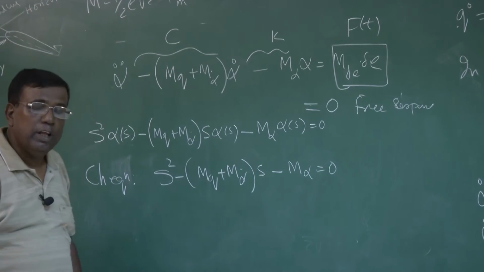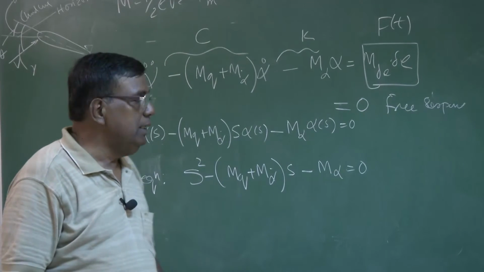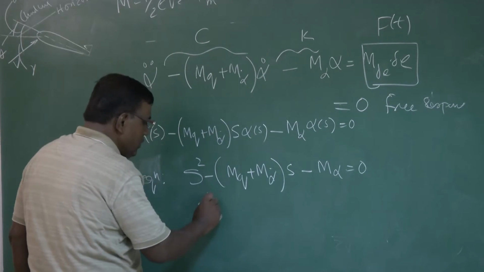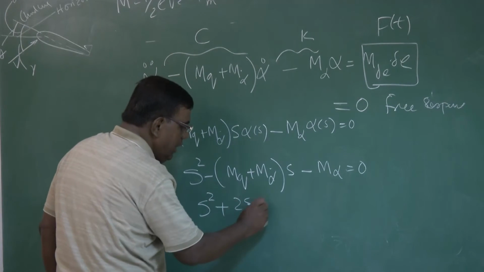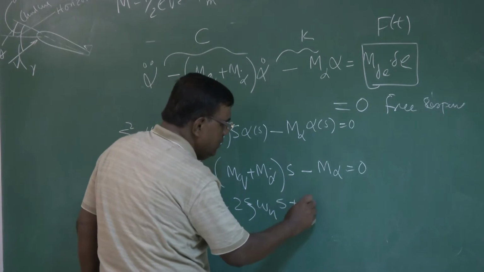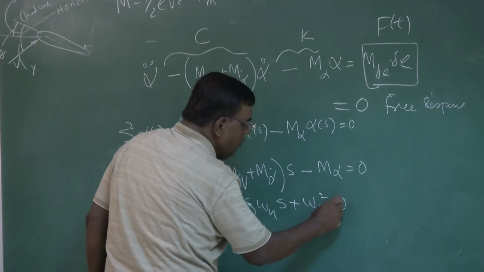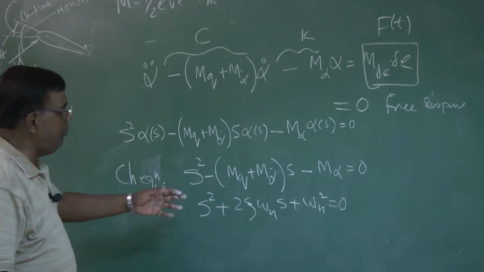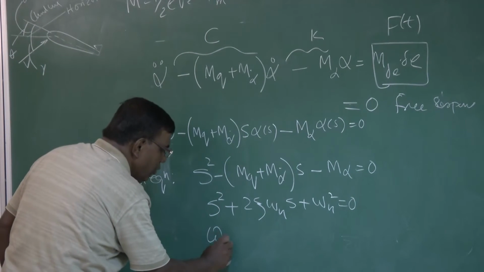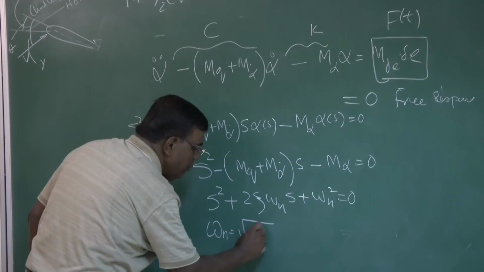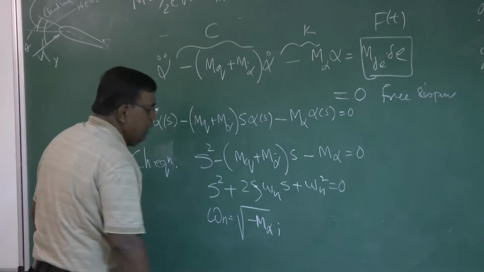What is our aim? Our aim is to find zeta and omega n. So we'll compare with the standard equation which we have developed already for a second order system, and that is typically like this for a free response. So now I compare. What is omega n? Omega n is under root of minus m alpha. And what is zeta?